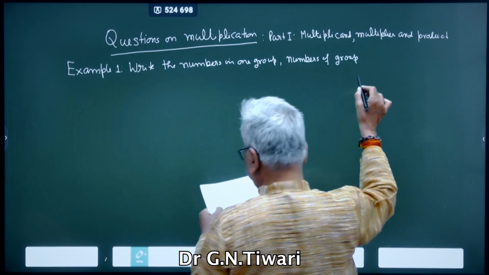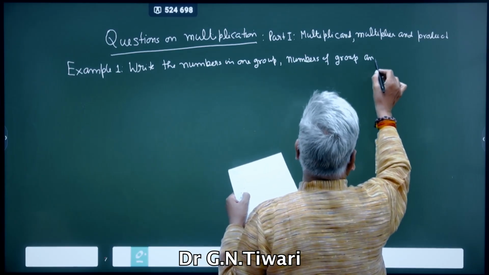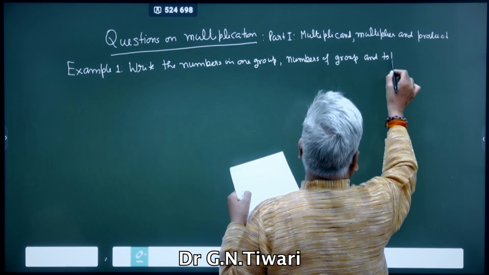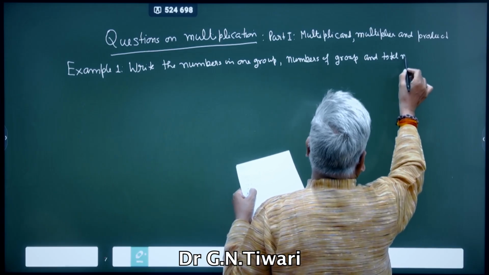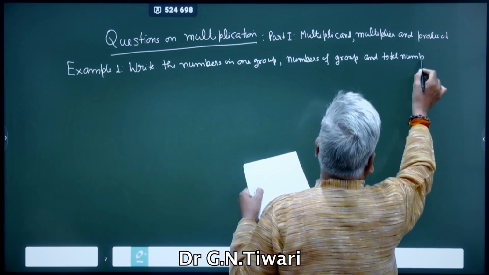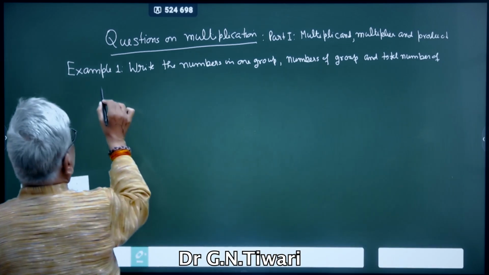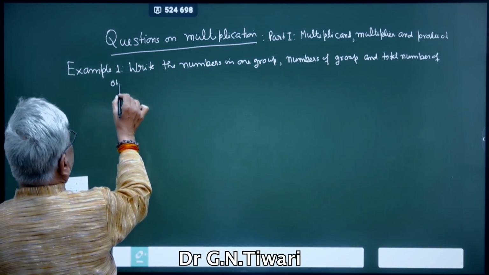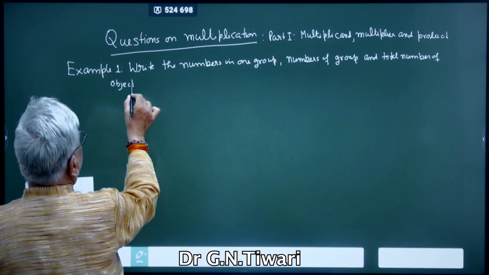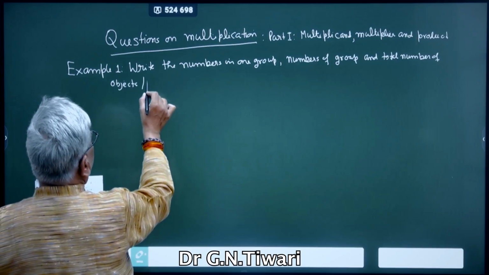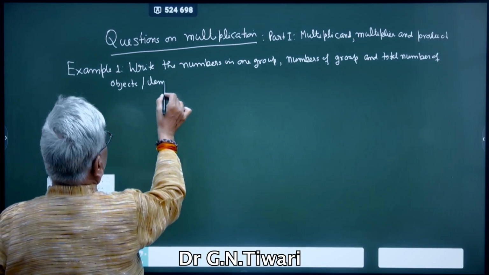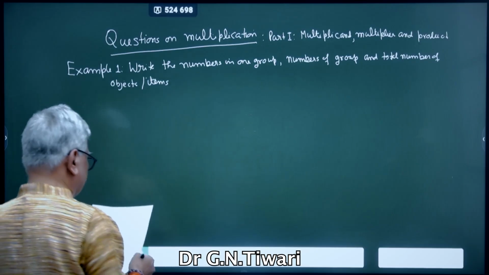And total number of objects. Objects are items. I have already explained the meaning of items and objects.